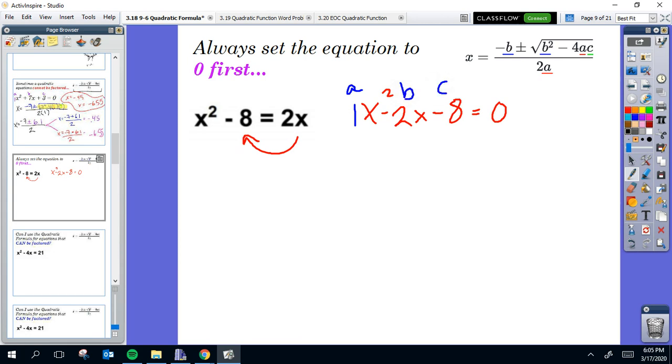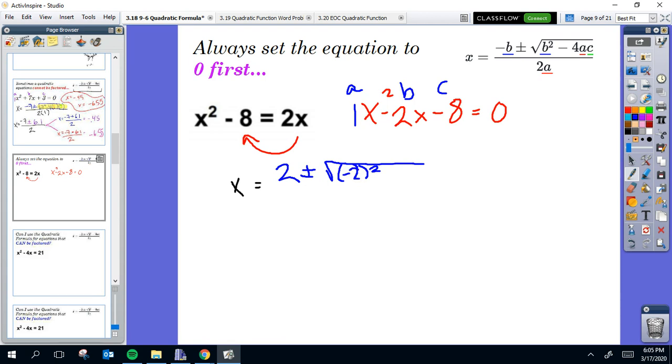All right, and then we go back in and we just use this formula. So x is equal to negative b. Negative b is negative 2, so that's going to be a positive 2, plus or minus the square root of b squared. So that's negative 2 squared. And I want to put that negative 2 inside parentheses.